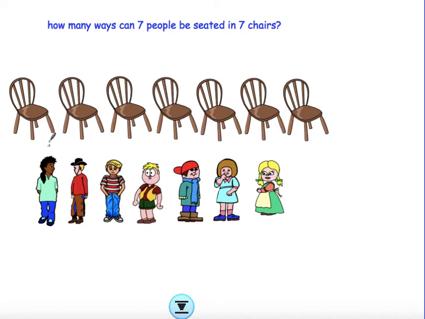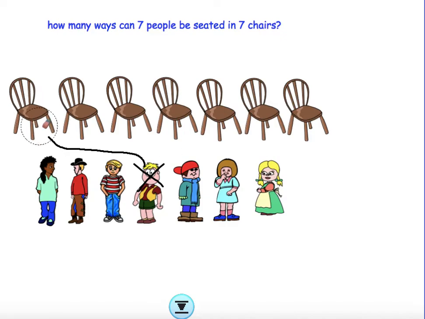But the idea is when one chair is full, then you only have fewer choices. For example, let's say we start with this first chair. And let's say this guy right here goes and sits in the first chair. So that guy is done now. Now you see how there's only 6 people left that can possibly go in the next chair?